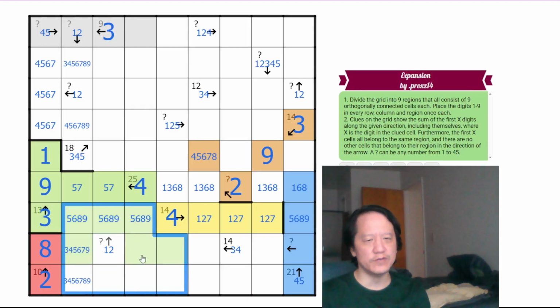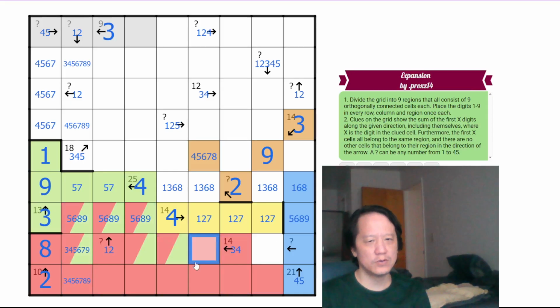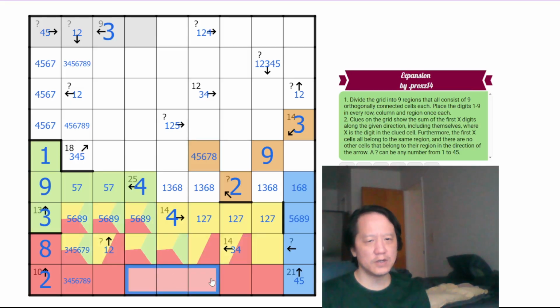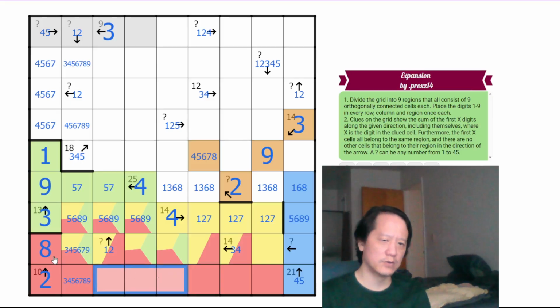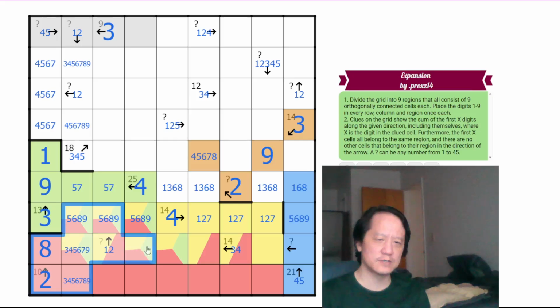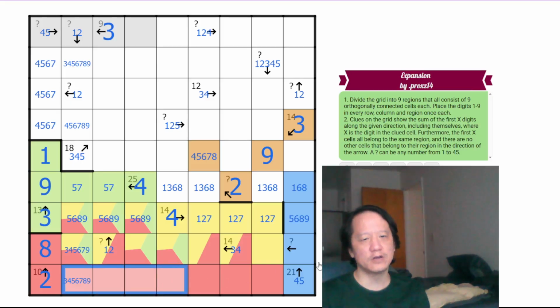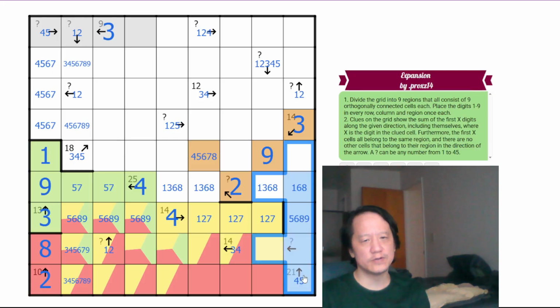Red could be all of these up to here and here. Yellow can be everything up to here and maybe here and maybe here. 1, 2, 3, 4, 5, 6, 7, 8, 9. Yeah, we could. So yellow, heck, yellow could even go here. 1, 2, 3, 4, 5, 6, 7, 8, 9.